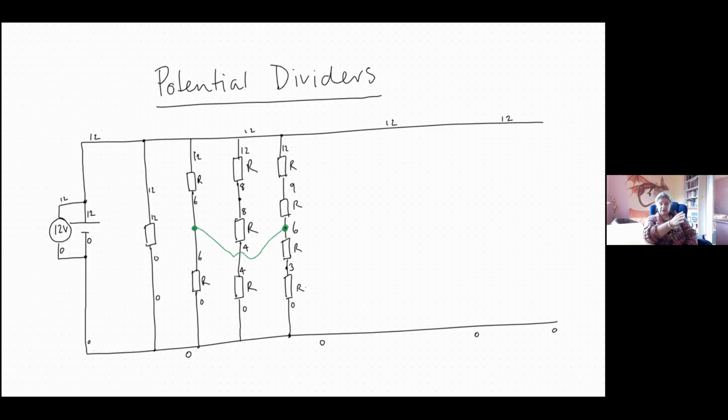Oh, is it connected? So yeah, it's zero then. So there's a potential difference across that wire of nothing. So that wire is not going to do anything. There won't be a current flowing through it. There's no potential difference across it. That wire will do nothing. Nothing. Which is weird, right?